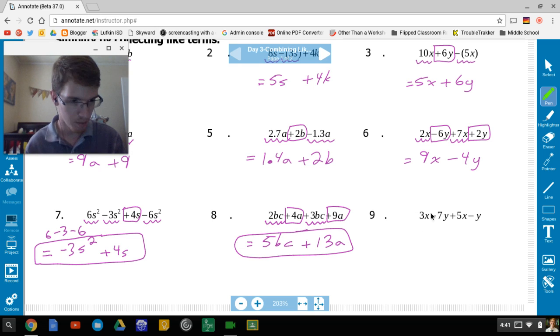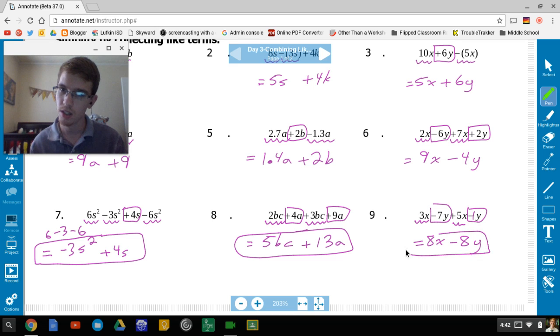Number 9, we have 3x minus 7y plus 5x minus 1y. So that should be an 8x and minus 8y. Negative 7 minus 1, negative 8.